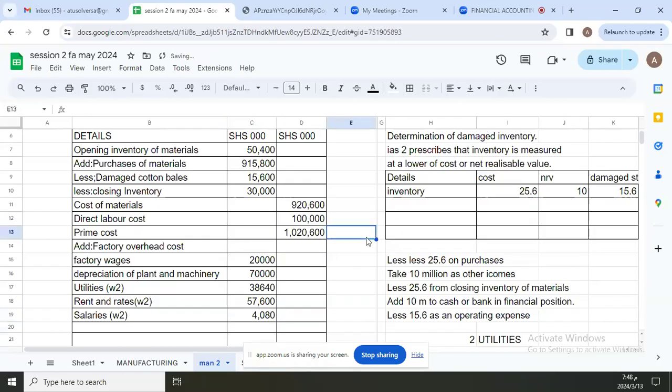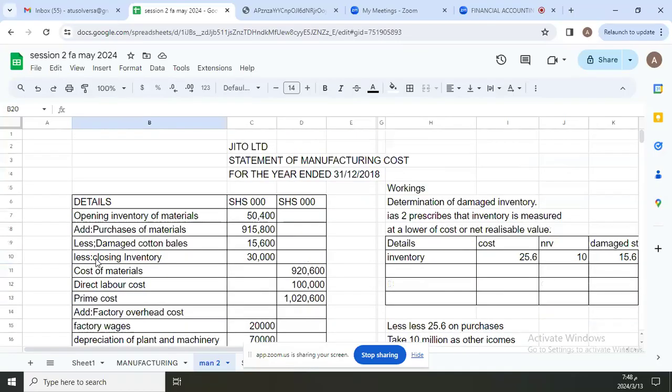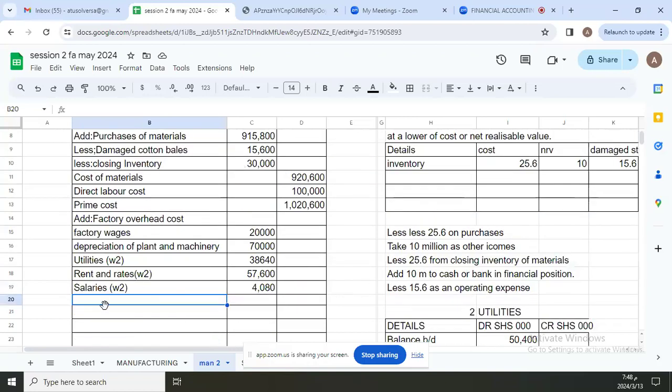Lastly, we said we still have one indirect expense that we are going to take. You see these damaged cotton bales. We go on to reduce them from here because it was reducing our purchases. Still, we are going to consider it as an expense because we got nothing from it.